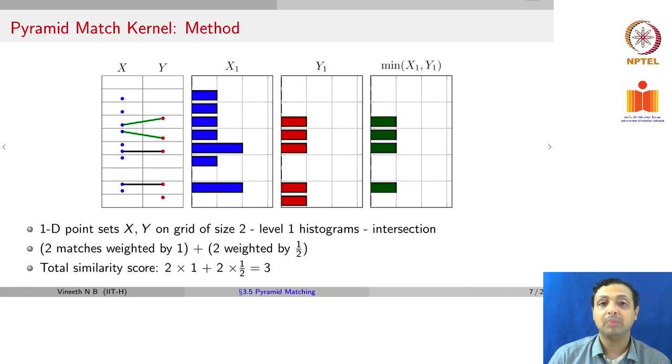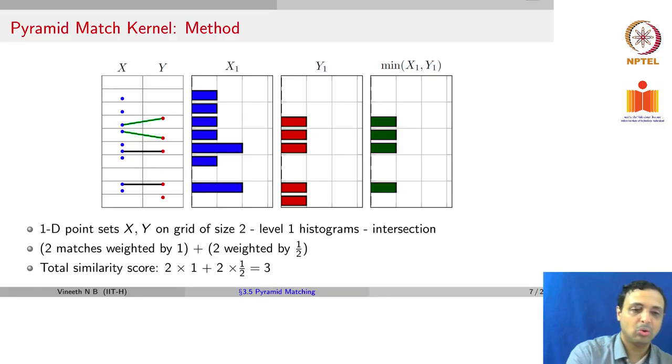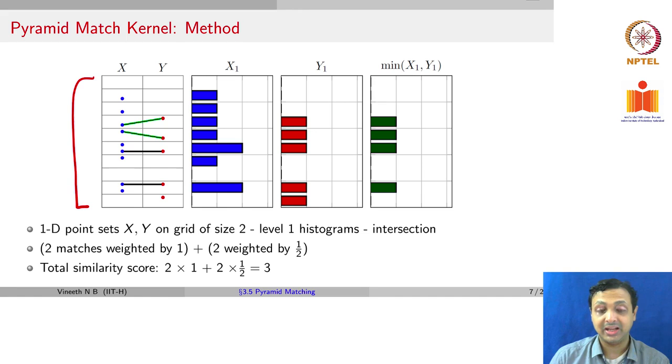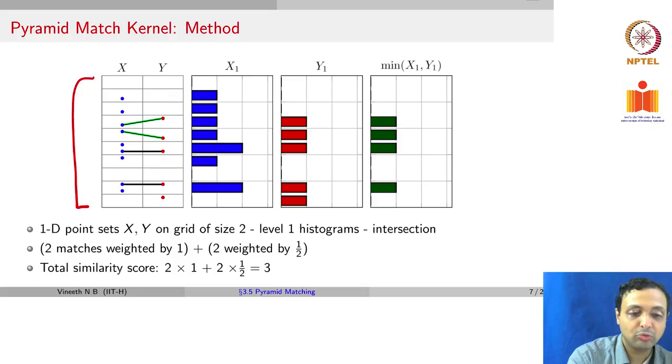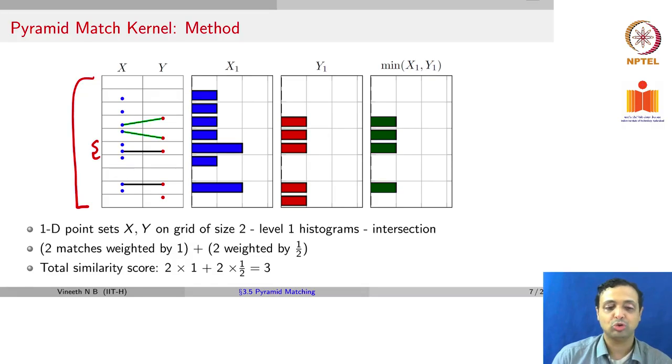Now we're going to merge your histogram bins. Originally, if you had, say, about 20 histogram bins, you're going to merge every contiguous one and make them into 10 bins. And now you see that it's possible that there are two features in image X that belong to the same bin, and so on and so forth.